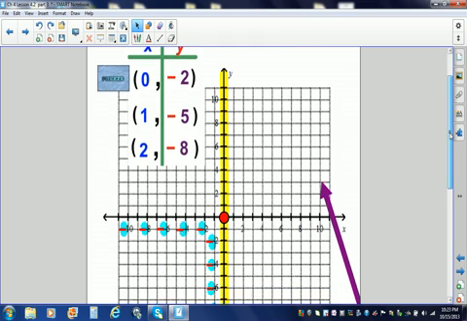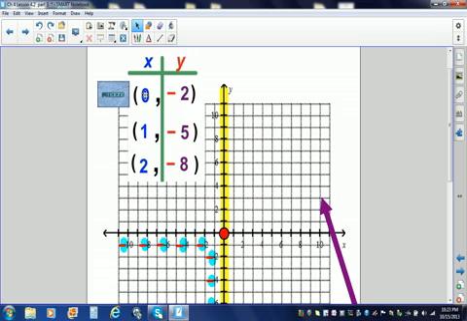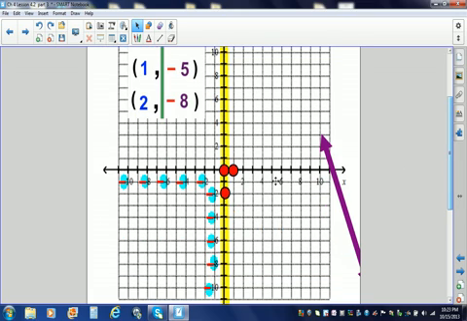All right, now let us graph. We have the ordered pairs: 0, negative 2; 1, negative 5; 2, negative 8. 0 means I freeze. I stay right here. Negative 2 means I go down 2 spaces. I'm going to put a dot at 0, negative 2. For 1, I'm going to go to the right, and then down 5.